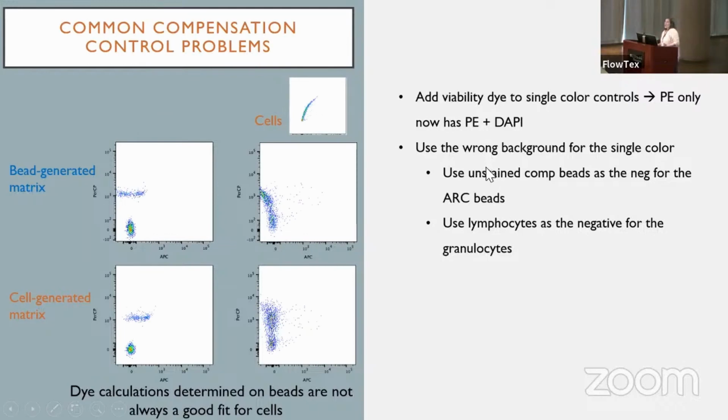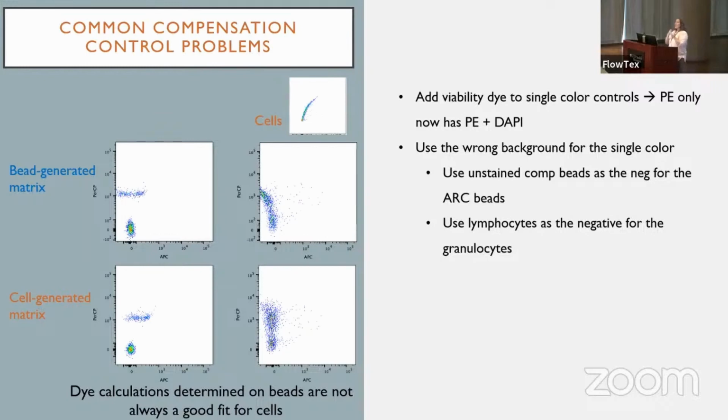The second is they use the wrong background for the single color. So remember I told you for the beads, you now have a compensation bead with an antibody tagged on it. So I have PE plus a bead background. And then I have these amine reactive beads. They're still beads, right? Now these beads are intended to grab the viability dyes. They're not even the same size, folks, okay? So if you take the compensation beads as the background for the amine reactive beads, you're making an assumption again, and that assumption is wrong, right?